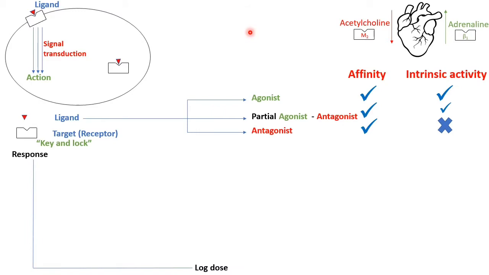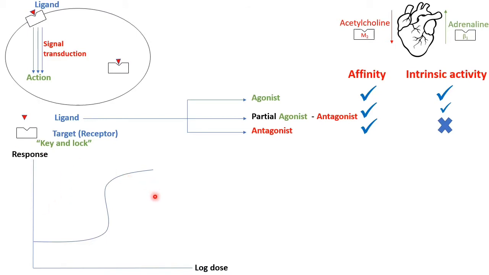And we would get this sigmoid curve. As we can see, by increasing the dose, we found that there is an increase in response.